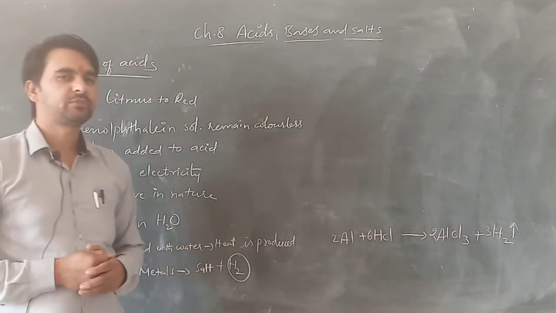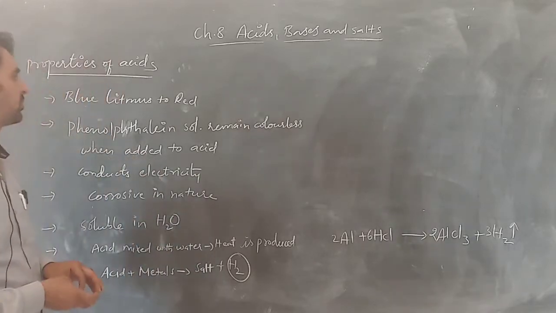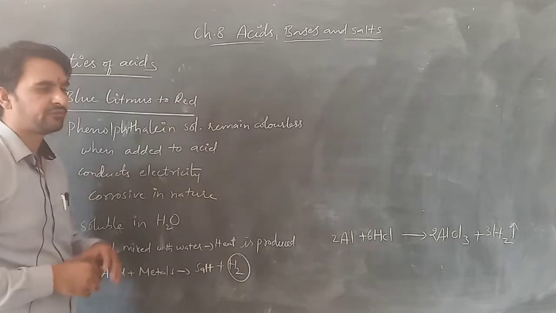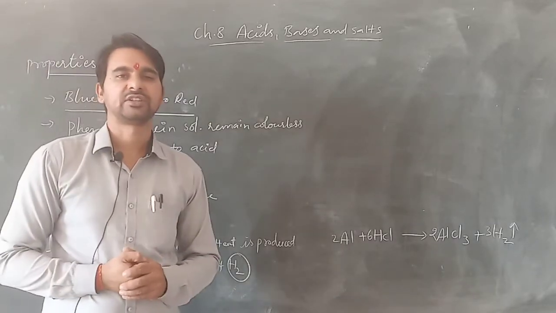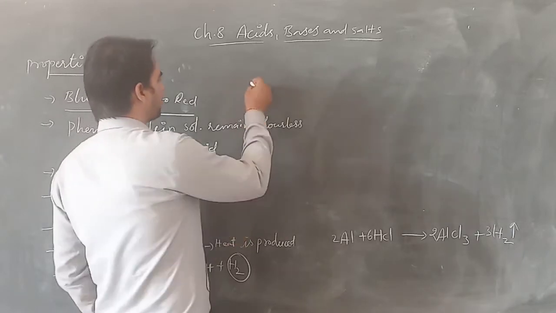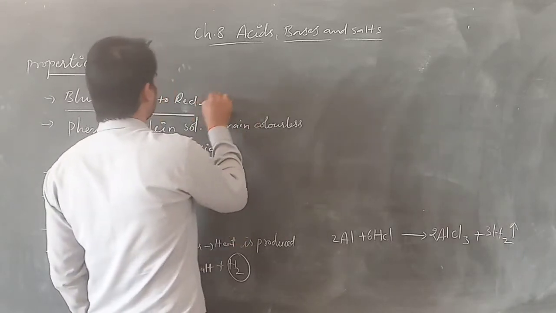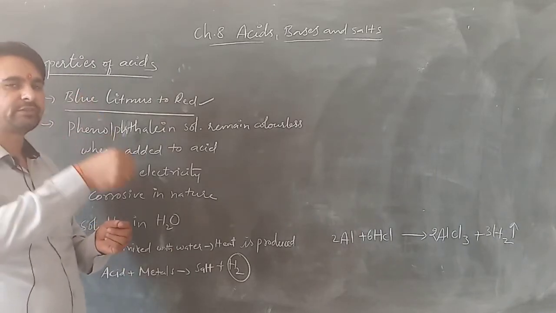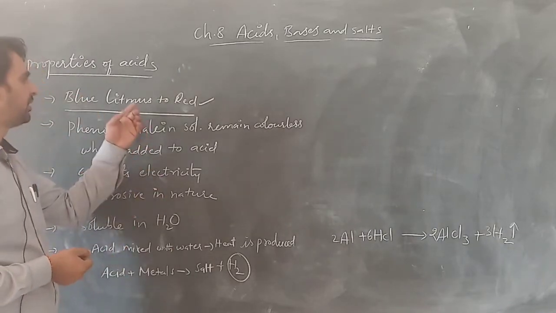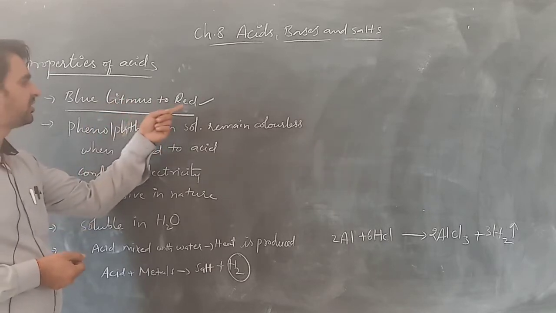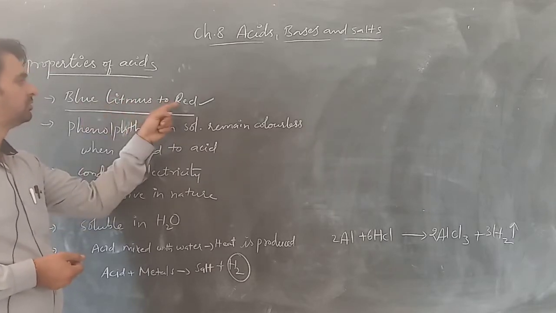When we start with the properties of acids, the very first property is when we test a given solution as an acid or base using litmus paper, blue litmus paper will always turn red. That means when we dip a blue litmus paper in an acid, it shows a color change from blue to red.